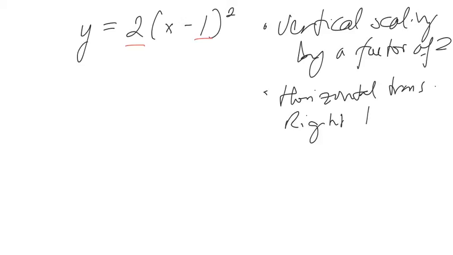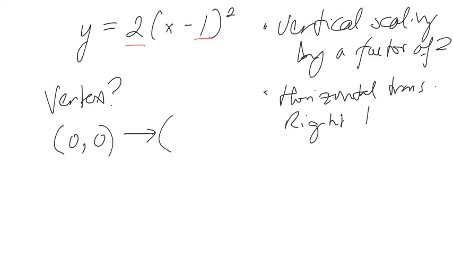One question that you might ask yourself is, well, okay, but where's the vertex? And if you think about these transformations happening to the vertex, like the actual point, it's pretty easy to work out. So you know that originally your vertex is at 0, 0. That's on your parent graph. But if we apply these transformations the way they're written, it says we do a vertical scaling by a factor of 2.